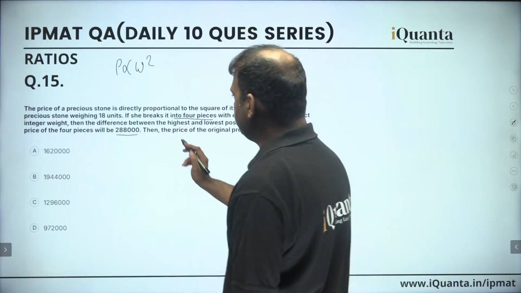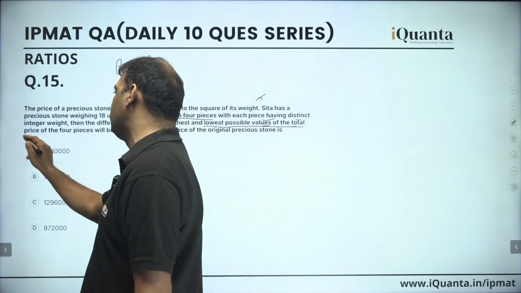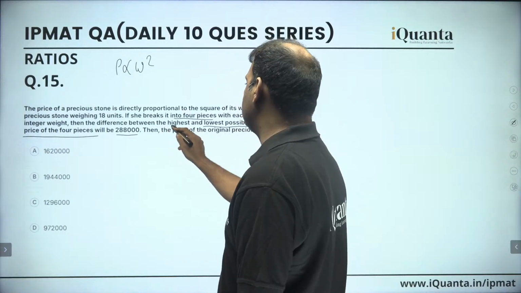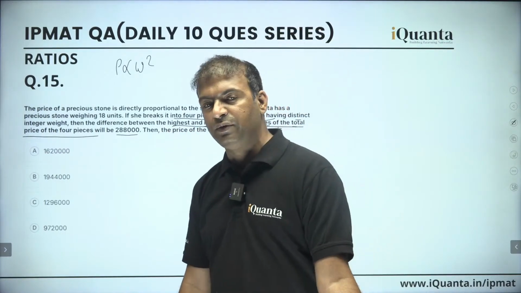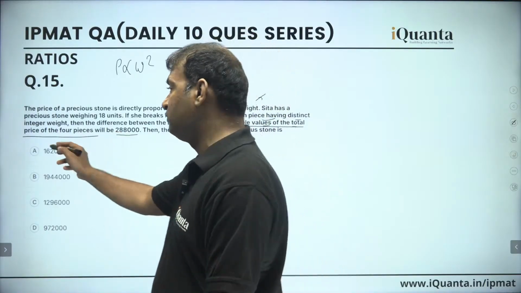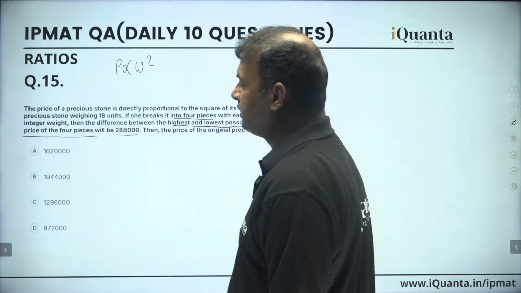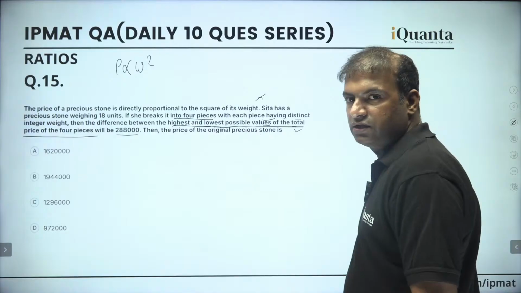Then the difference between the highest and the lowest possible values of the total price of all the 4 pieces. Total, which I have seen a lot of people miss this point. Then this difference is given, then find the price of the original precious stone.